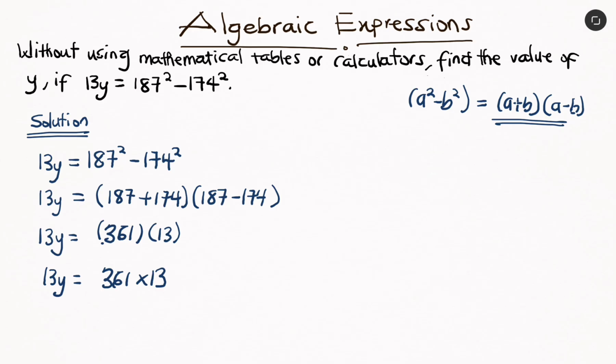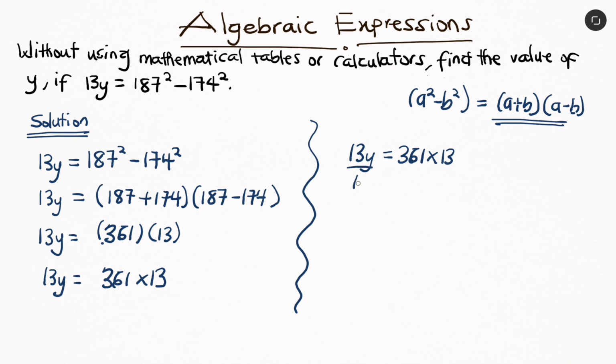So from here, what I do is, we are looking for the value of y, not 13y. So we divide both sides by the coefficient of the y, which in this case is 13. Okay, so I have 13y is equal to 361 multiplied by 13. So because I want y not 13y, I will divide both sides by 13.